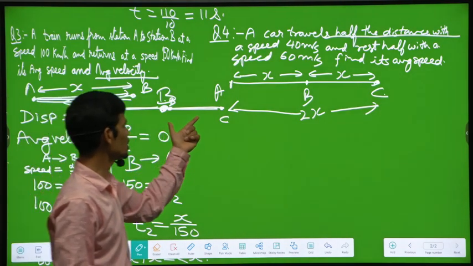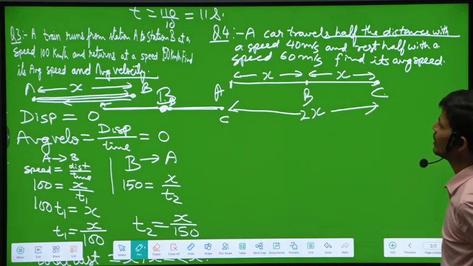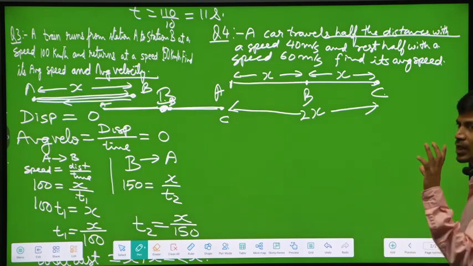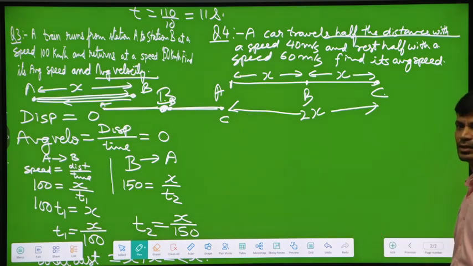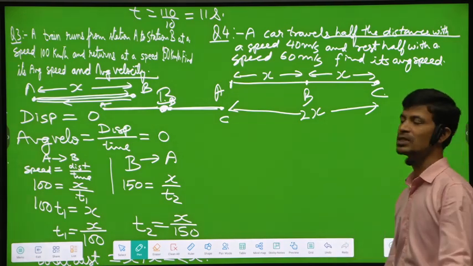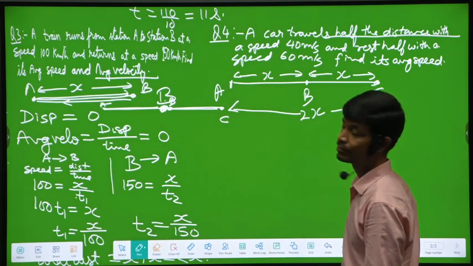And this question is similar to this question. So see the similarity between both the questions, and then I'm going to derive a formula, and using that formula you can directly apply it and get the answer in a few seconds. But for such type of case only.